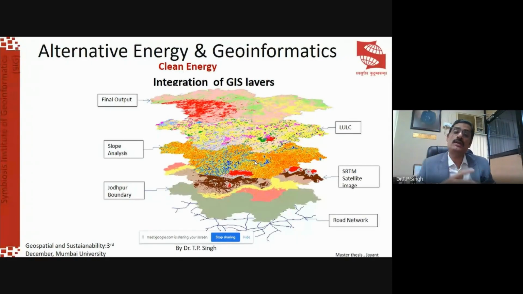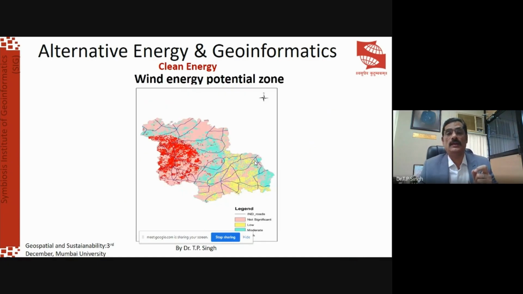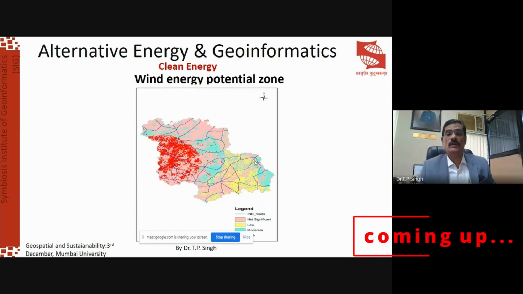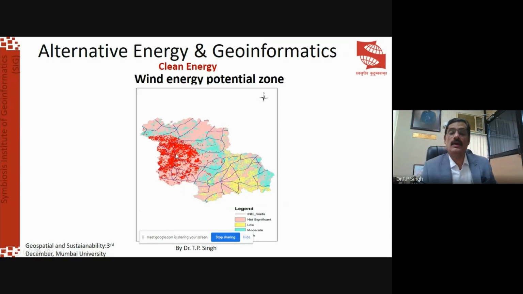All these things are put on the platform, and we get a final output showing which area is more suitable for generating high wind velocity, with continuous wind direction, as well as the total energy we are going to get. If you see the red area, it provides the information that the area has a continuous wind velocity throughout the year.